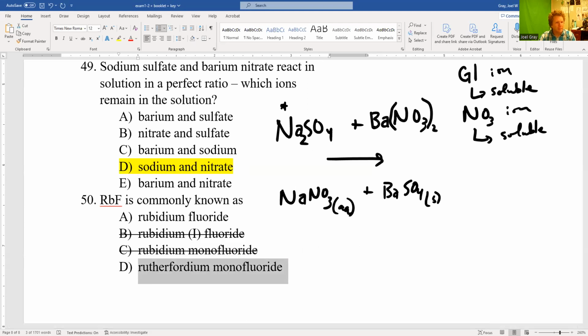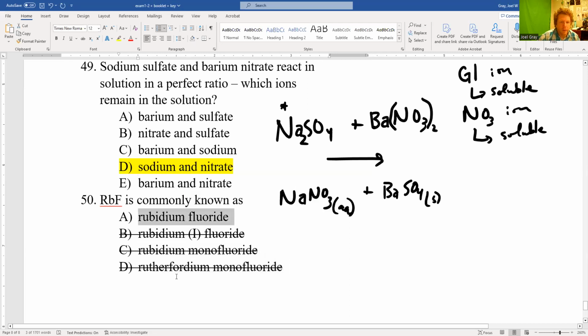Well, that one's not really a good answer option because Rutherfordium is element number 104. So in addition to that, it has the monofluoride, so that's out. So we're really left with only rubidium fluoride. That has everything that you need because your cation is simply its name, rubidium, and then the anion has the IDE suffix. So A is the correct answer for number 50.